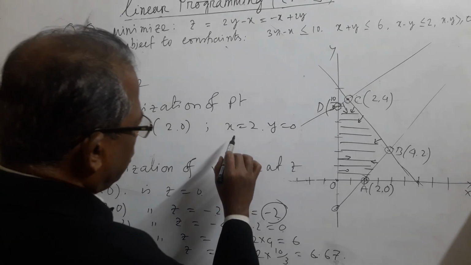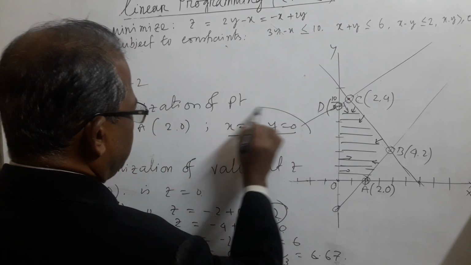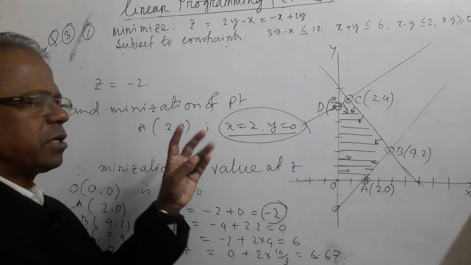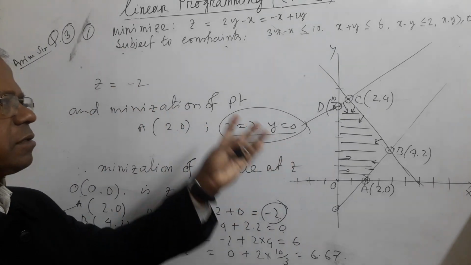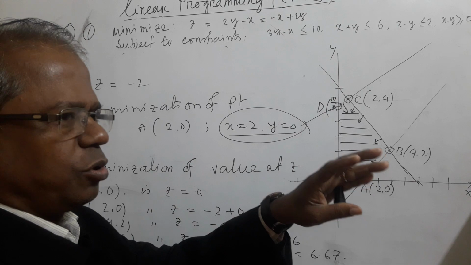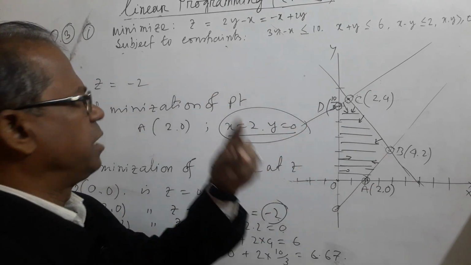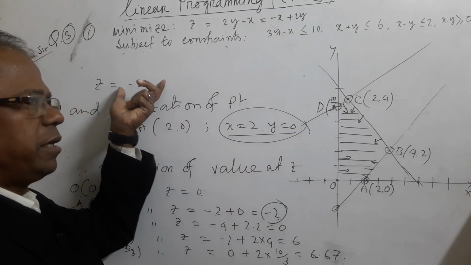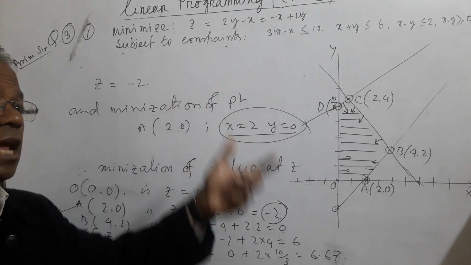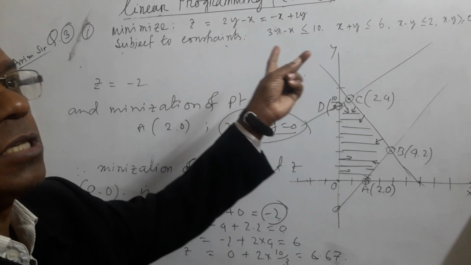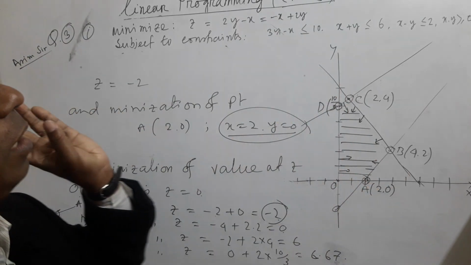Therefore x equal to 2 and y equal to 0 is the minimizing point, and the minimum value of Z is minus 2. This is the summary of the above constraints. Well, thank you.